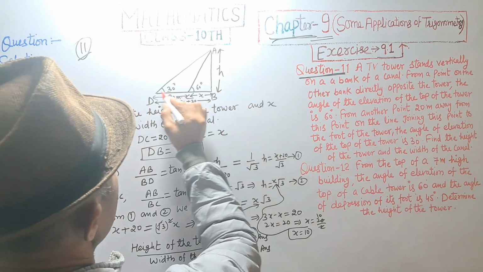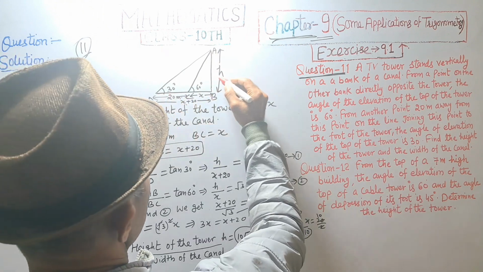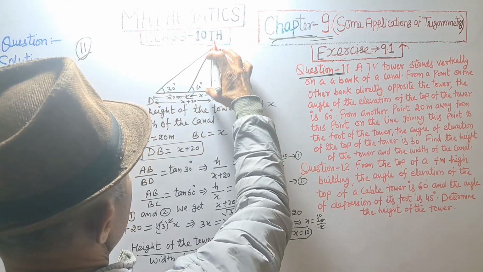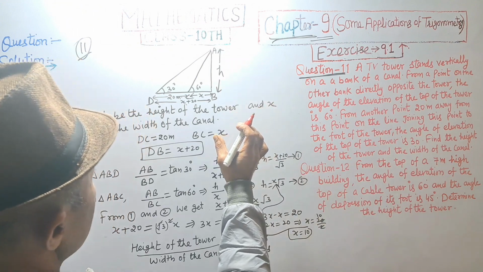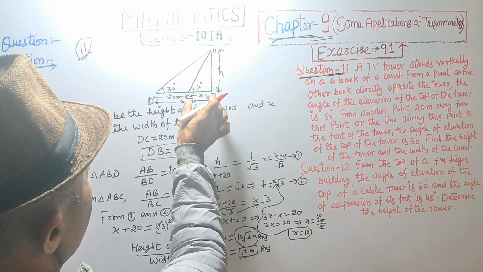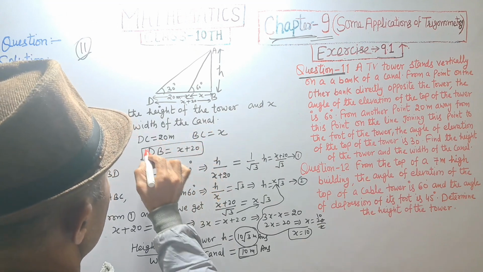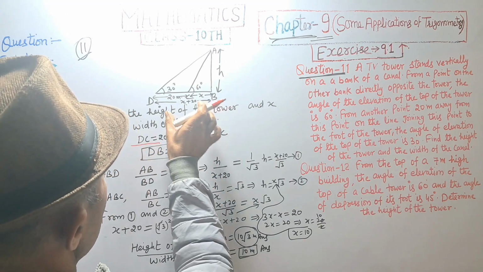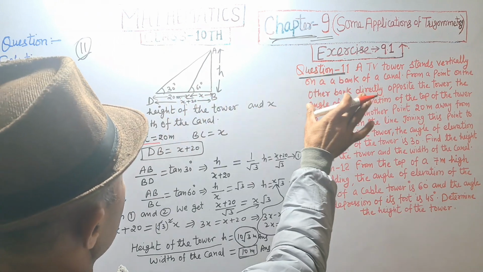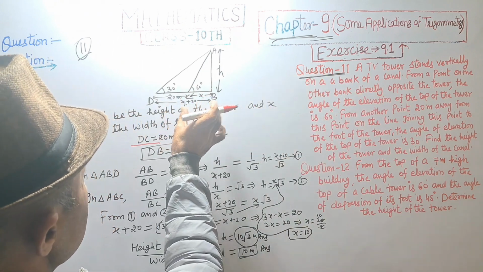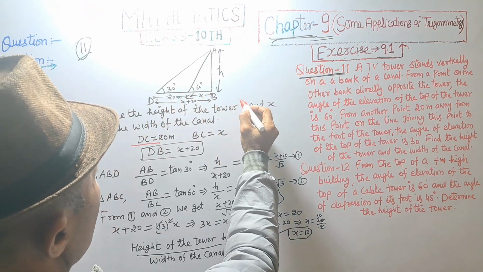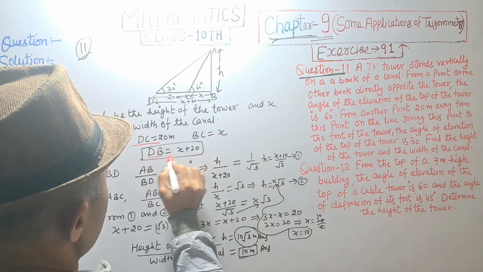In triangle ABC, AB is the height of the tower and BC is the width of the canal. DC is equal to 20 meters given, so total distance BD is equal to X plus 20.